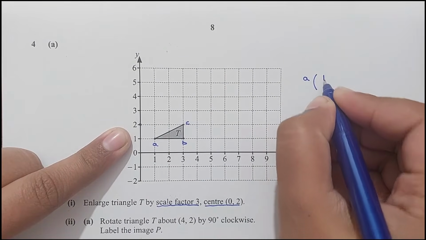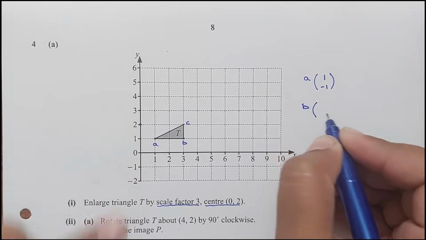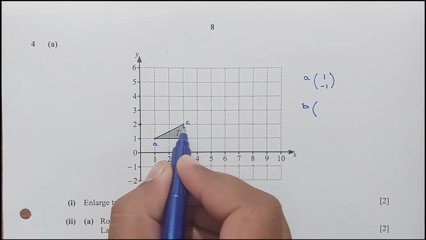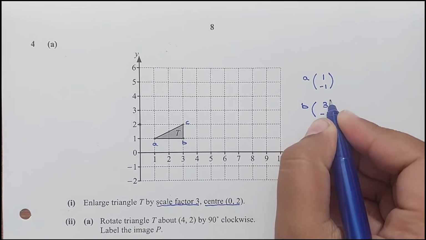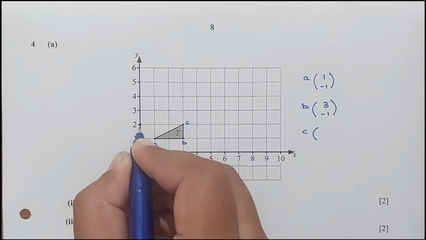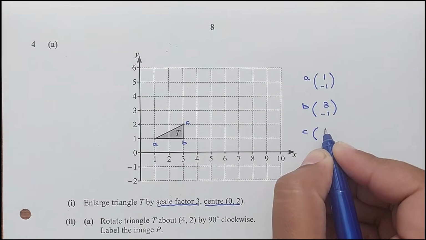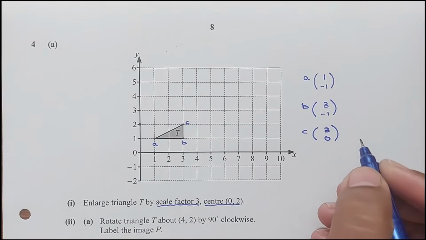So this is 1, minus 1. And for B, we have 1, 2, 3 and minus 1: 3 right and 1 down. And for C, we have 3 units to the right and 0 units vertical translation.